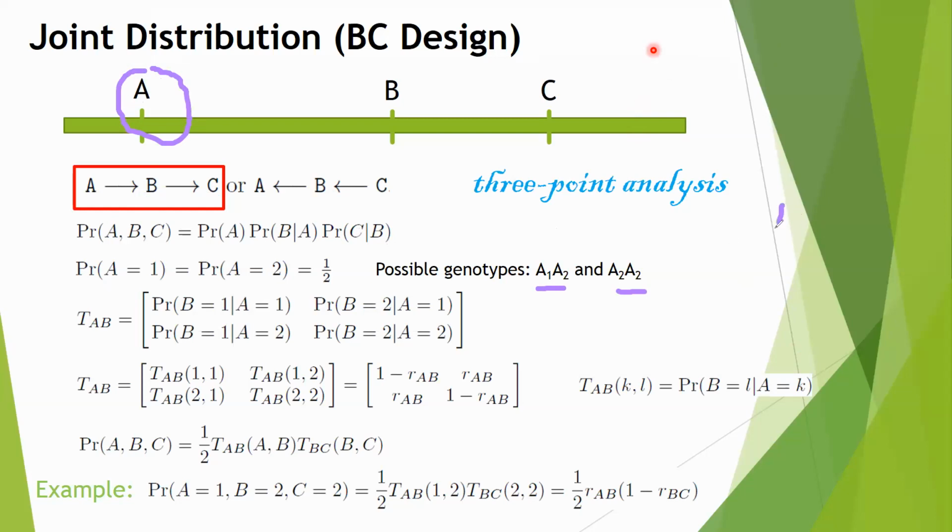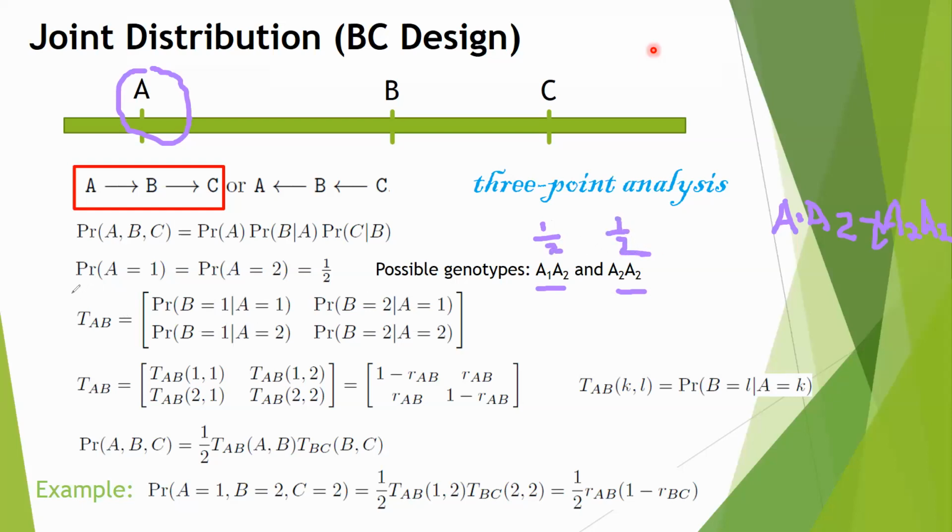So this is a cross like this: A1A2 crossed with A2A2. Now we have an equal chance to have 2 possible genotypes from this backcross.